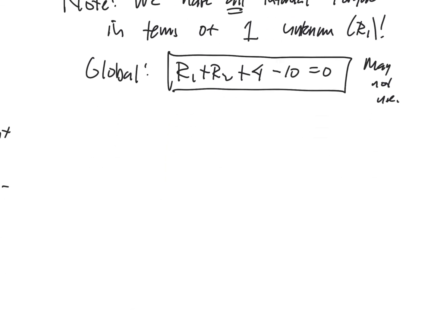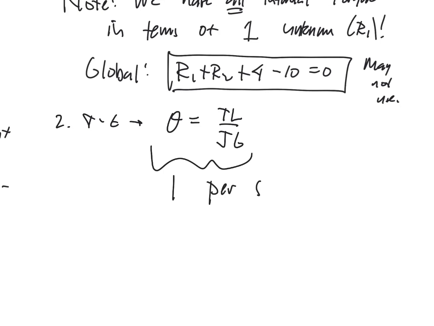Now, next, we've used our first tool, which is statics. The second part is going to be stress strain. And the way that appears in torsion problems is theta is equal to TL over JG. So now we have 3 segments, we need 1 per segment.